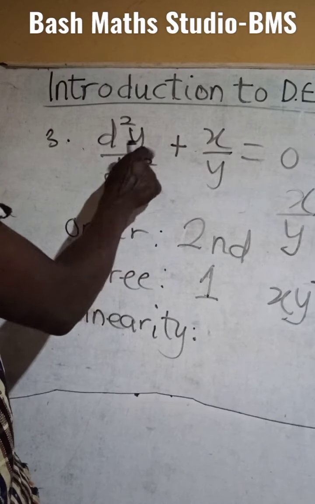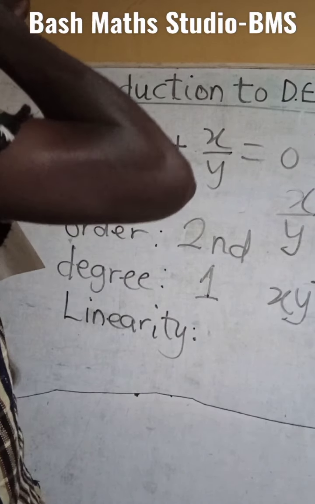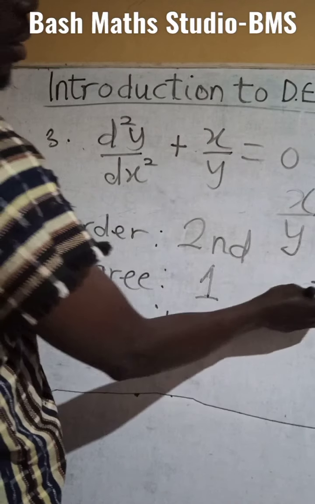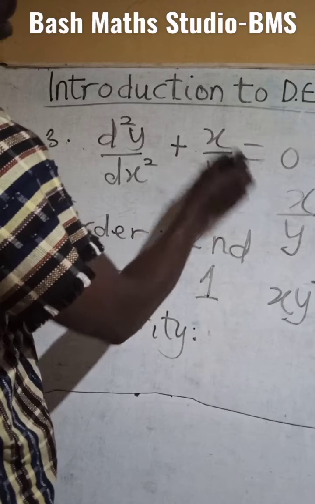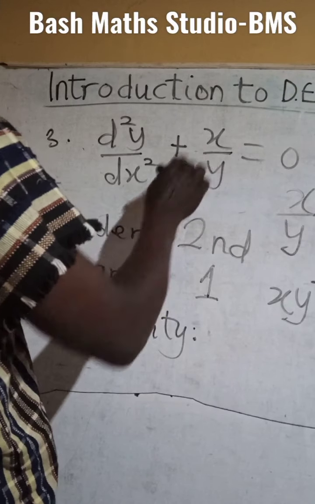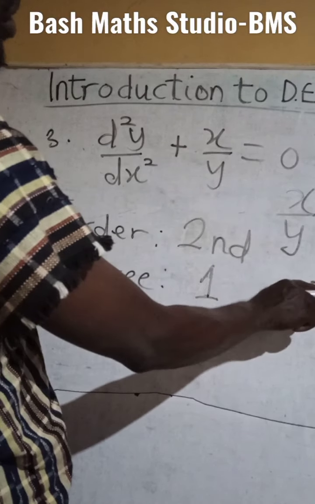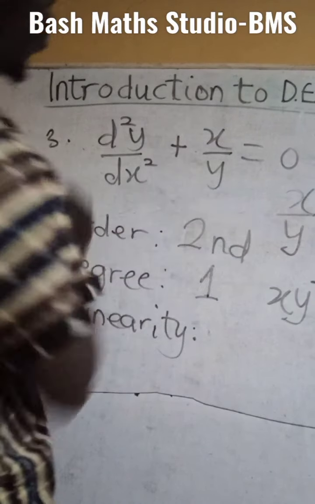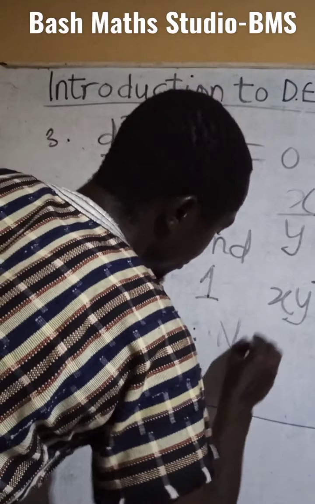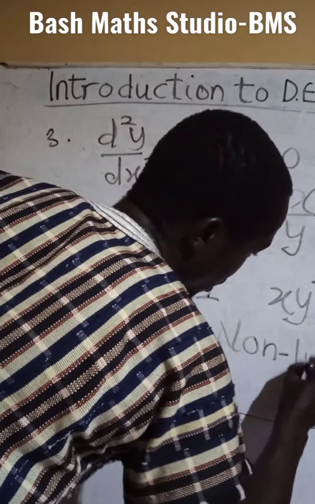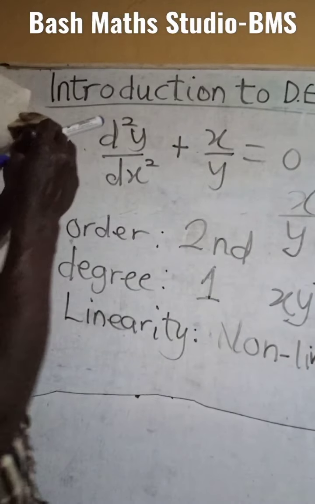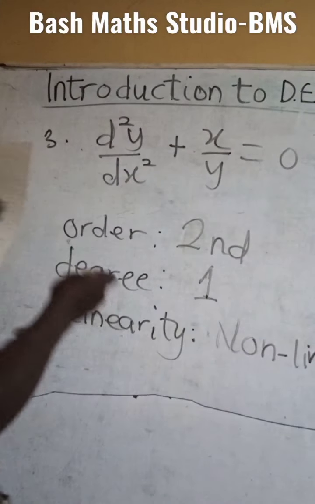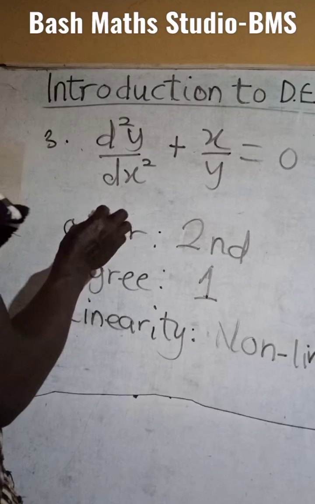So as long as we have the unknown function, y is not of power 1, and therefore you can say that one of the unknown variables here is of degree not equal to 1. So we conclude that the whole of this differential equation is nonlinear.